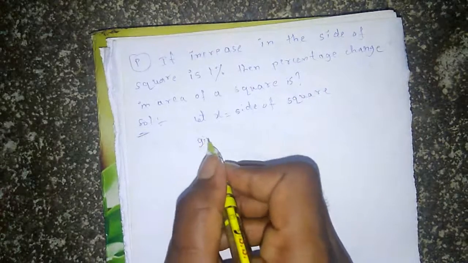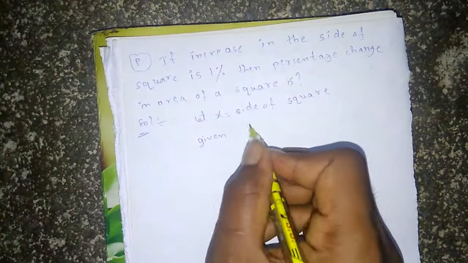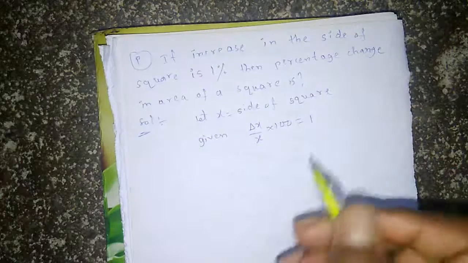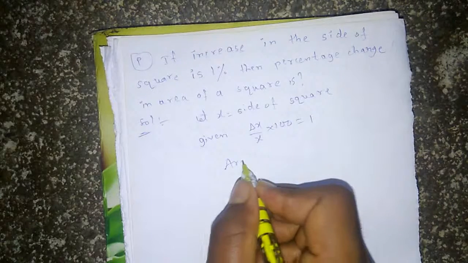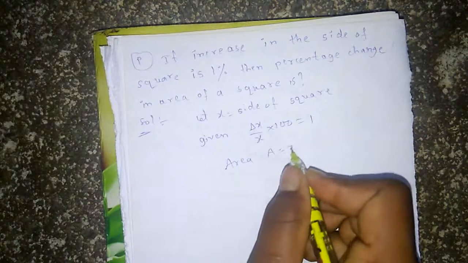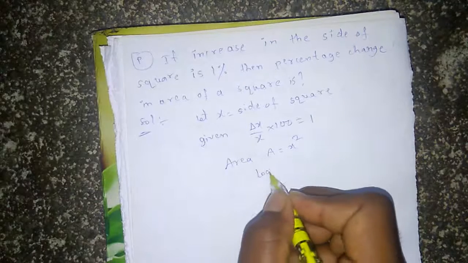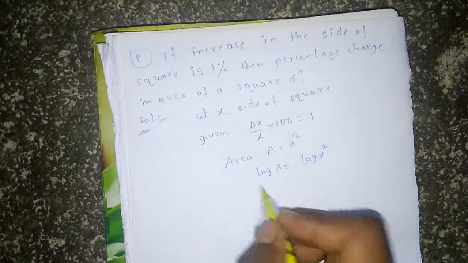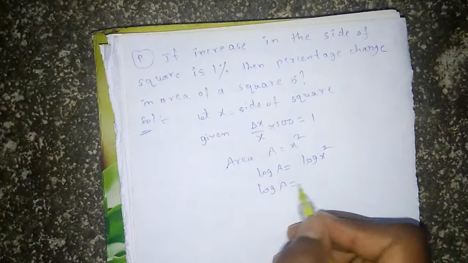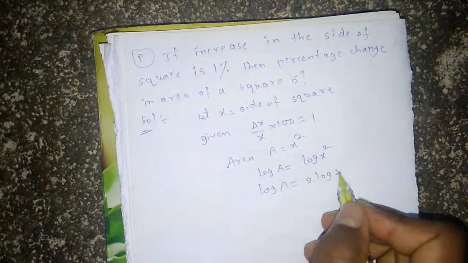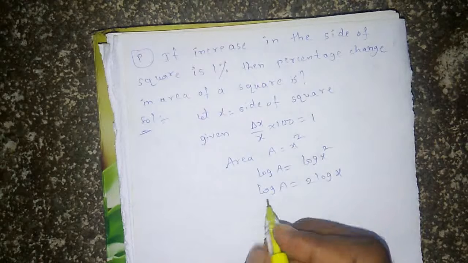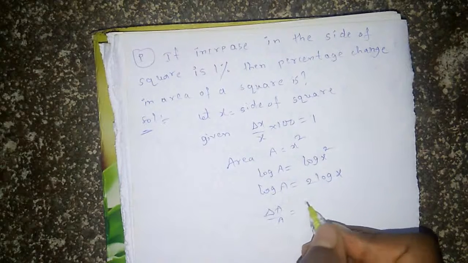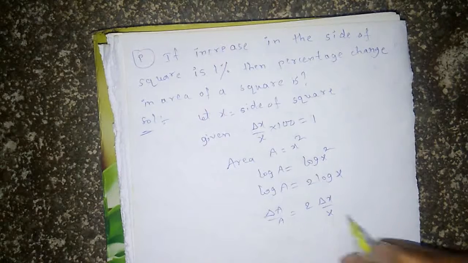So given percentage increase is denoted by delta x by x into 100, that is given as 1. We know that area of square is A is equal to x square. Apply log: log A is equal to log x square. This is log A is equal to 2 log x. Now apply differentials. So this is delta A by A is equal to 2 into delta x by x.